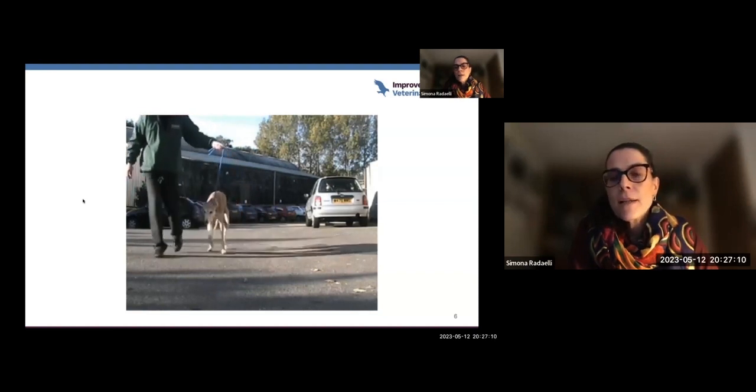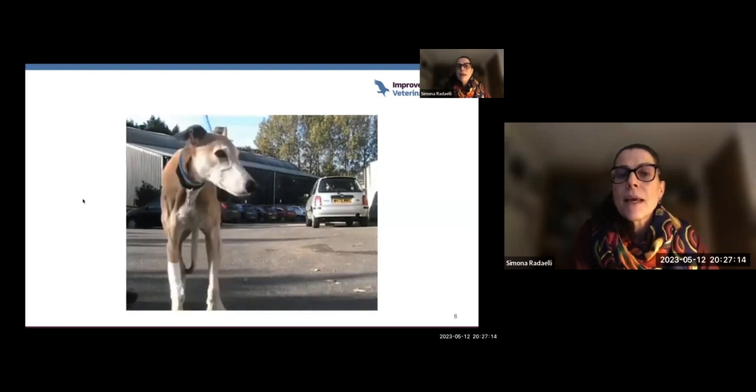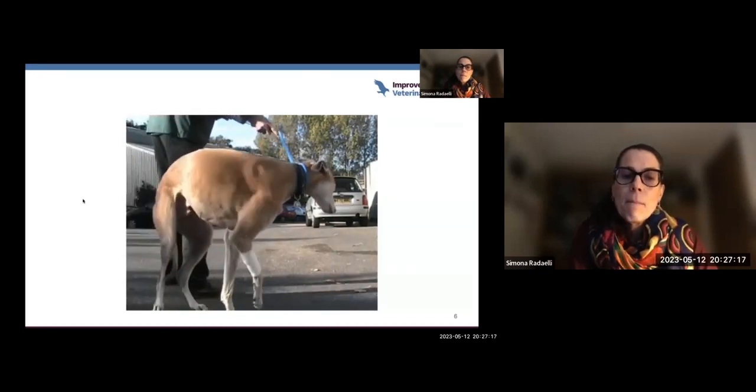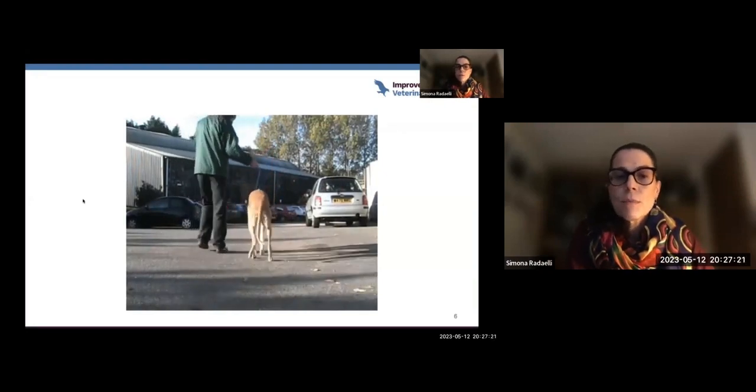It looks like the dog has a hunchback, low head carriage, so this could be easily mistaken as due to a neurological problem or disease affecting the nervous system.